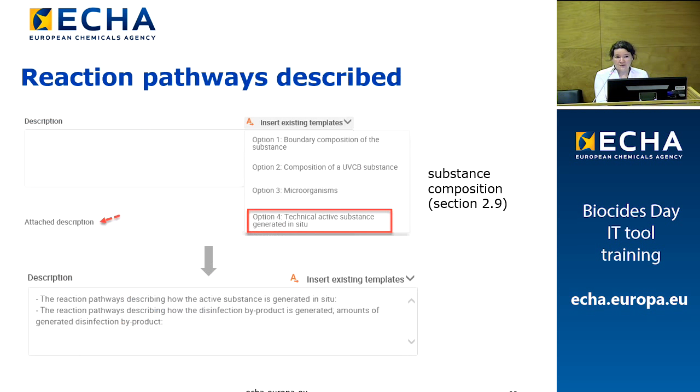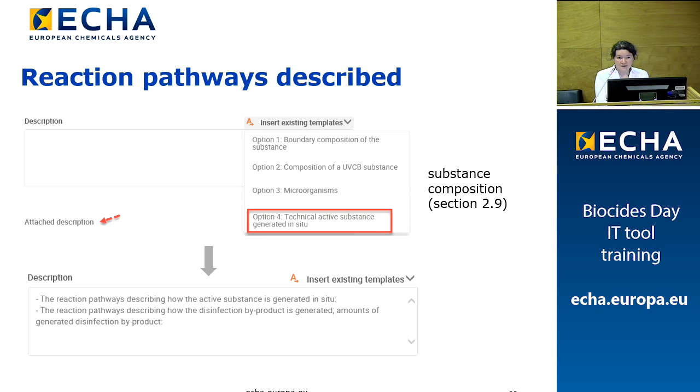And of course, the crucial part is that the reaction pathways should always be described for the in situ generated active substance. In the composition section of the substance, so section 2.9, we have predefined templates. So you need to select option 4, technical active substance generated in situ.